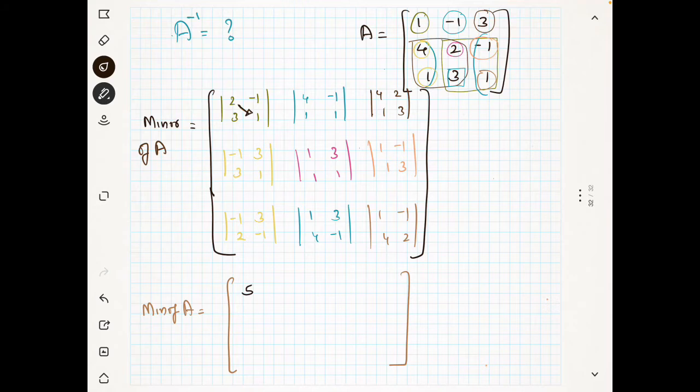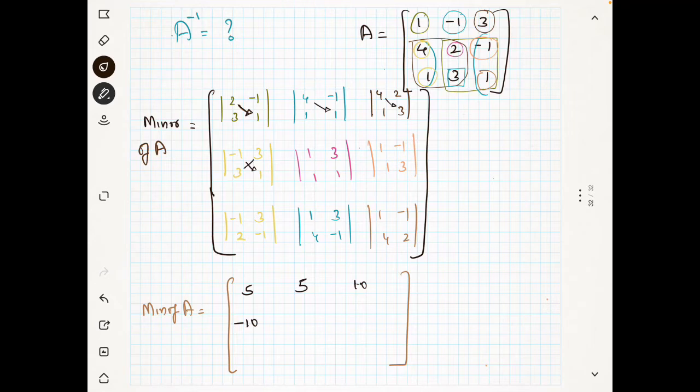Now this is 4 into 1 minus -1, again 5. Then it is 4 into 3, it's 12. 12 minus 2 is 10, okay. Now this is -1 into 1 is -1 minus 3, it is minus 10, right? It is minus 10.